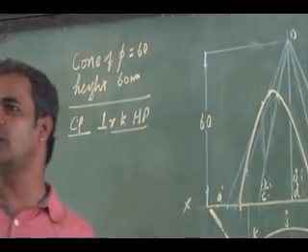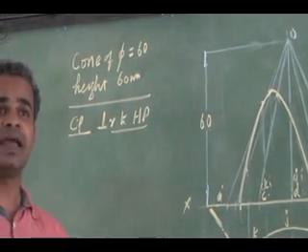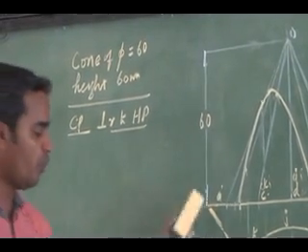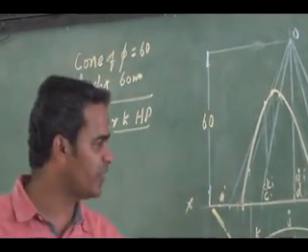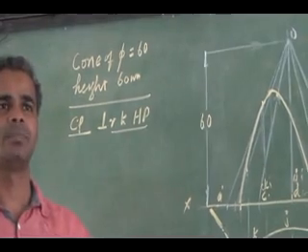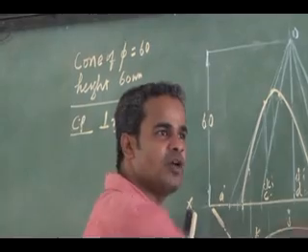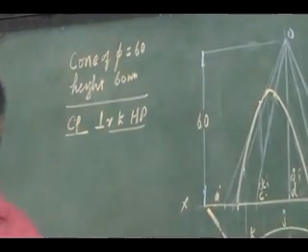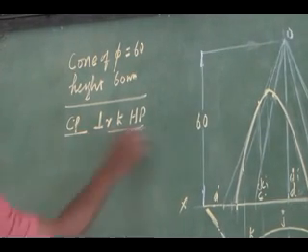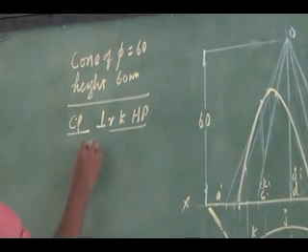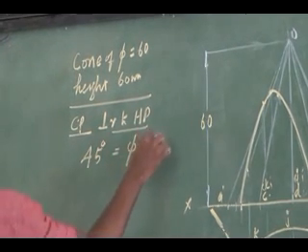Since I have shown the cutting plane on the top view, how is it inclined? 45 degree inclined to which plane? VP. Any inclination shown on the top view is the inclination to VP. So the cutting plane is perpendicular to HP and 45 degree inclined to VP.